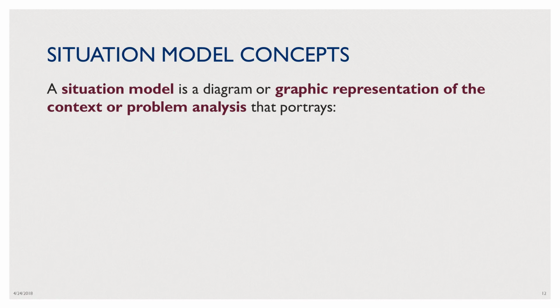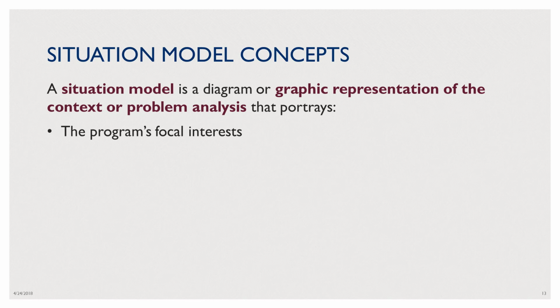A situation model is not equivalent to a situation analysis or to a context or problem analysis. A situation model summarizes information from a context or problem analysis in a diagrammatic form using boxes and arrows to express relationships. A situation model includes what the program is ultimately aiming to influence, its focal interests.